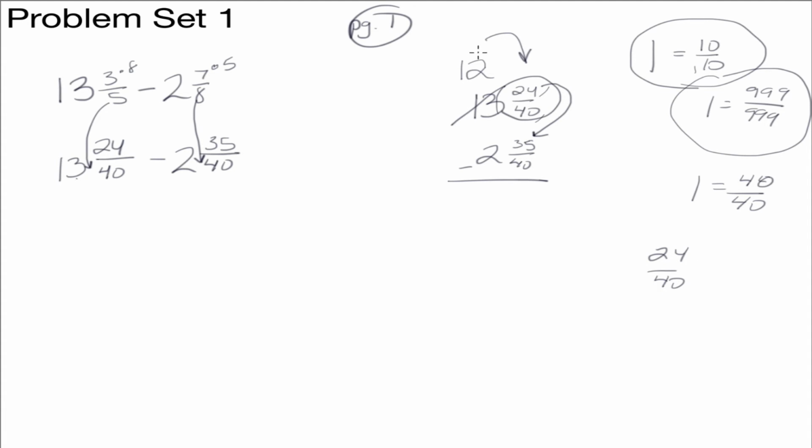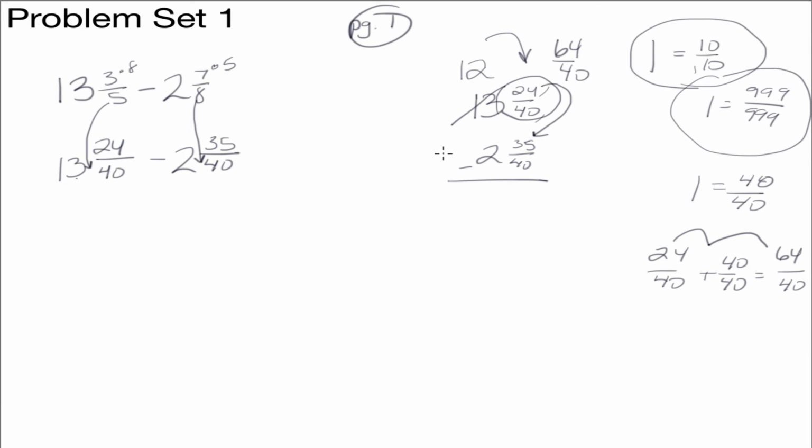And then when we borrowed the 1 to bring it over, we made it 40 over 40. When you add or subtract fractions, you have to have a common denominator. So our denominator is 40, and we can add 24 and 40, which equals 64. Now, since we borrowed from this column, brought 1 over, named it 40 over 40, we simply add it to the existing fraction. And now we rename that to 64 over 40.